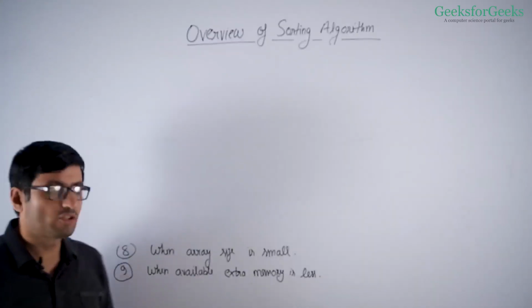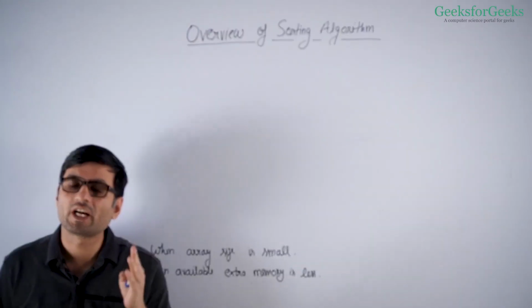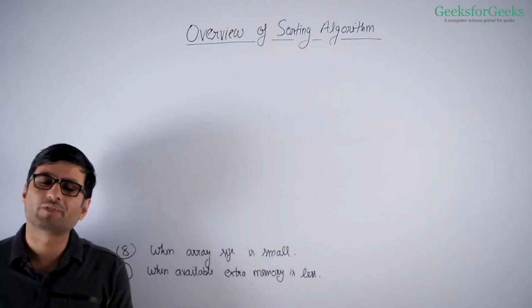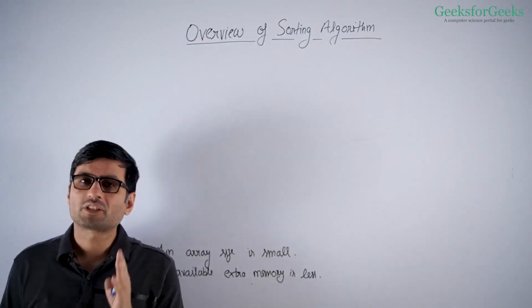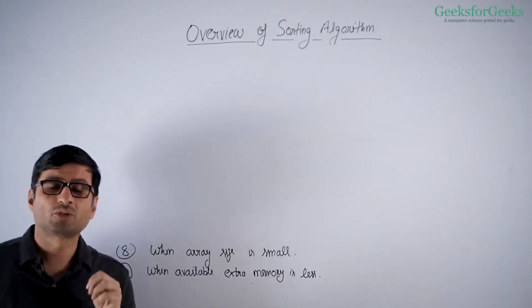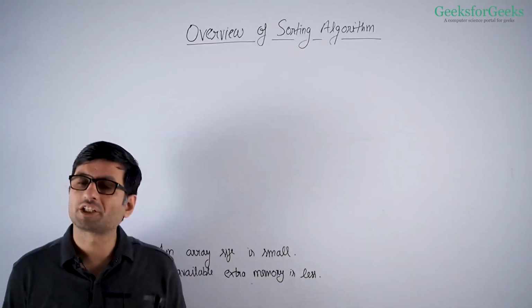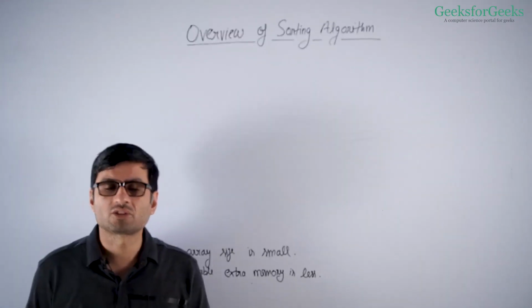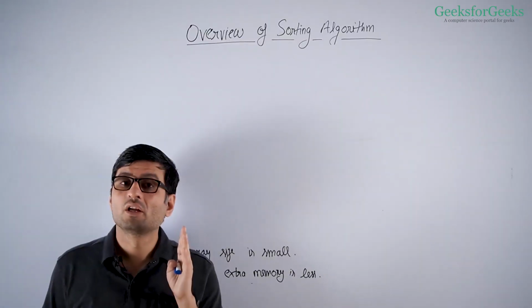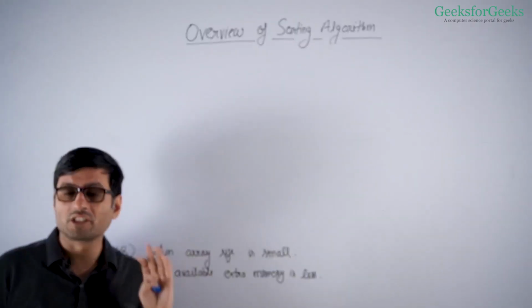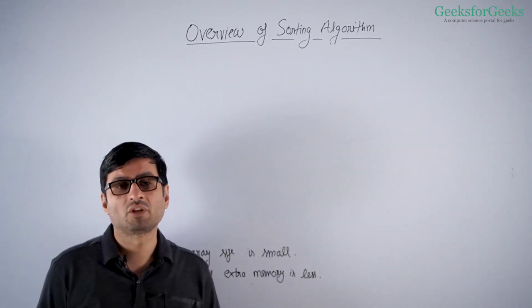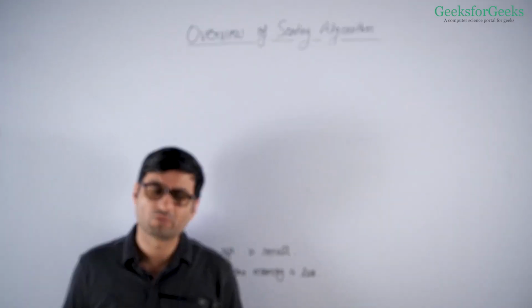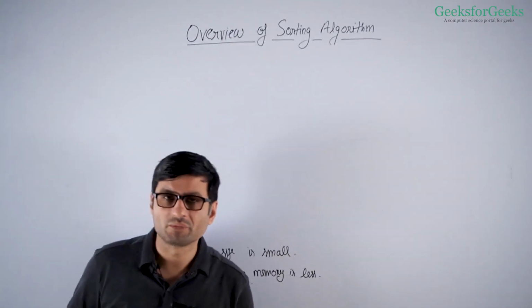The next special case is when your array is small, when you have a small number of elements to sort. For such cases, we have two general purpose algorithms, selection sort and insertion sort. And among these two, insertion sort works best. Insertion sort is considered the best algorithm when you want to sort a small number of elements, say only 10 or 20 elements, right?